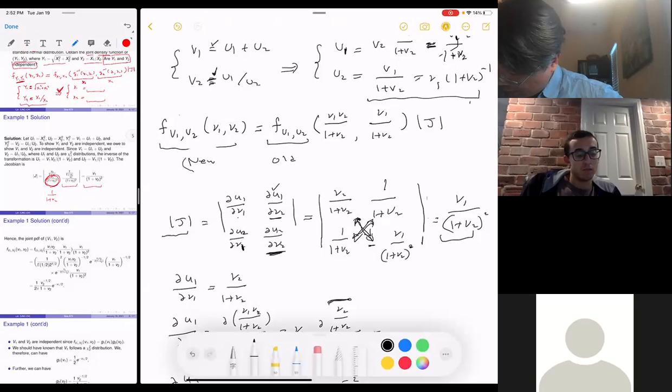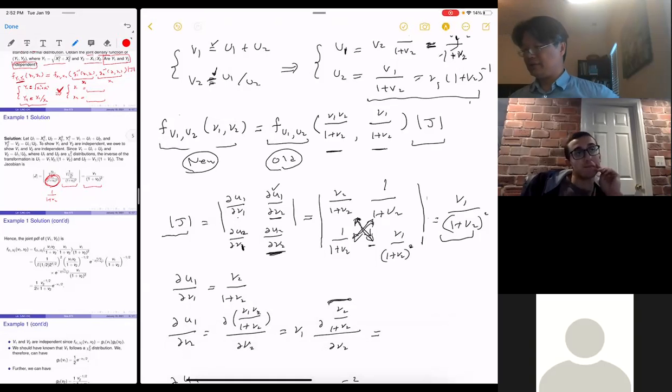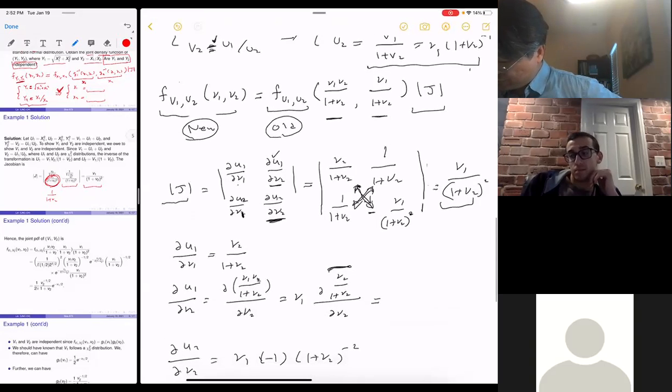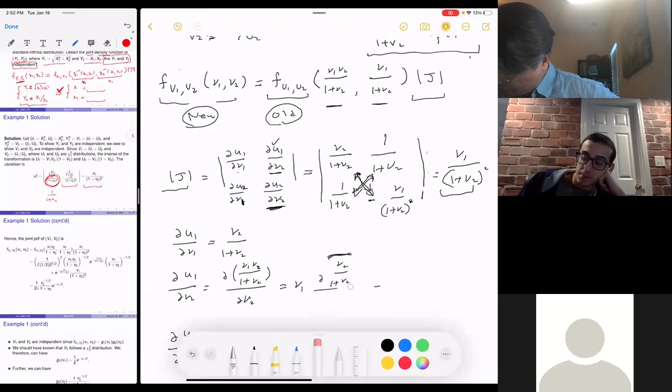Okay, for the new PDF, I have the inverse function plugged in, and I derived my Jacobian right here. Then the next one will just finish it, right? So let me take out a lot of things to give me space to write down the final one.